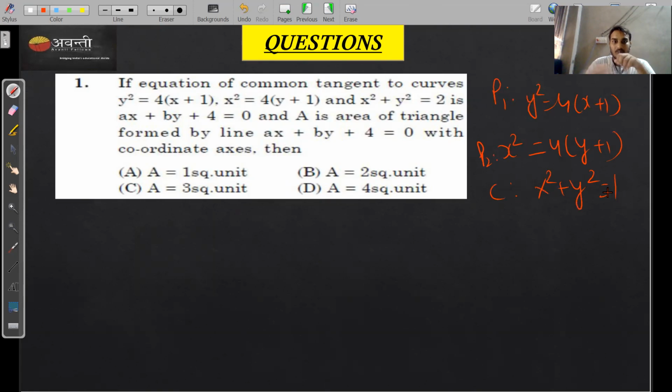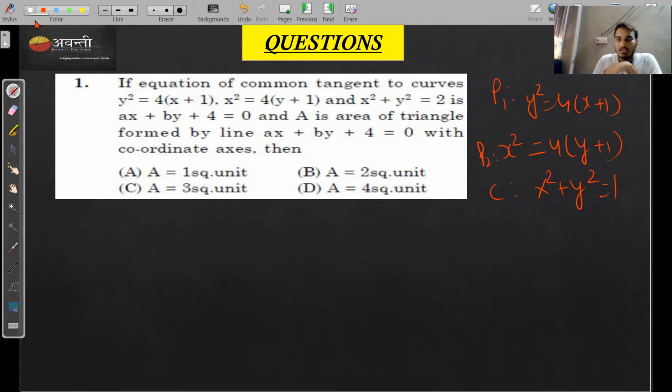It says the common tangent is ax plus by plus 4 equal to 0. We don't know a and b, and we have to find the area that the line makes with the coordinate axes.